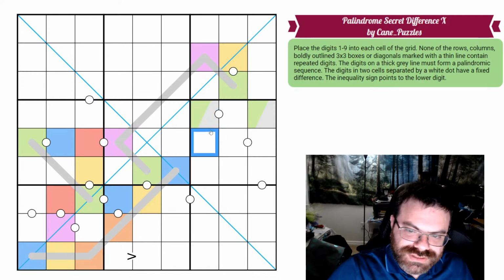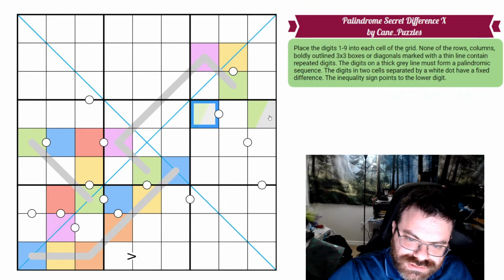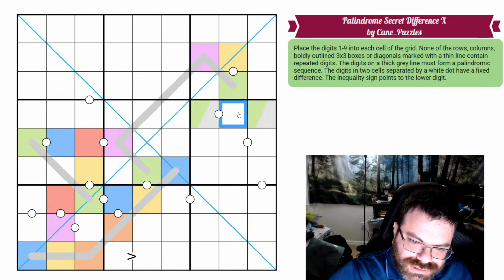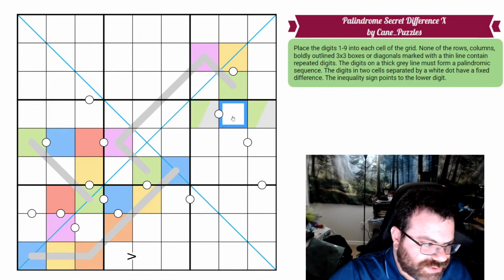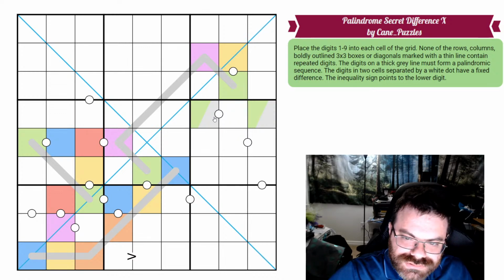So actually, does that mean blue is... Let me think about this. If blue were here, this would be green, and this would be orange. So we have blue, green, orange. I don't see a problem with that.